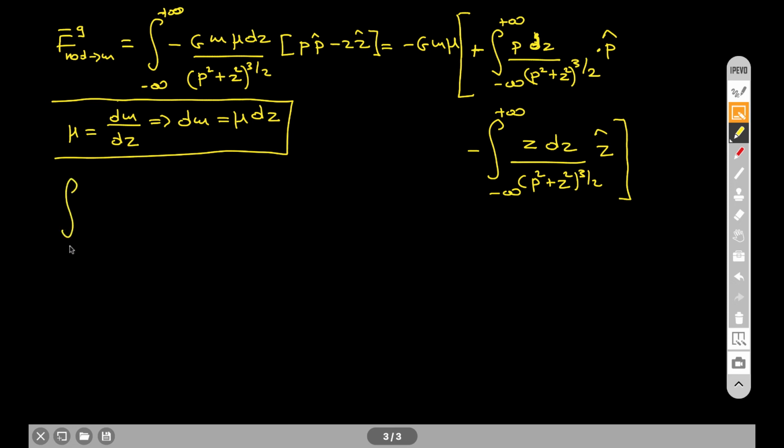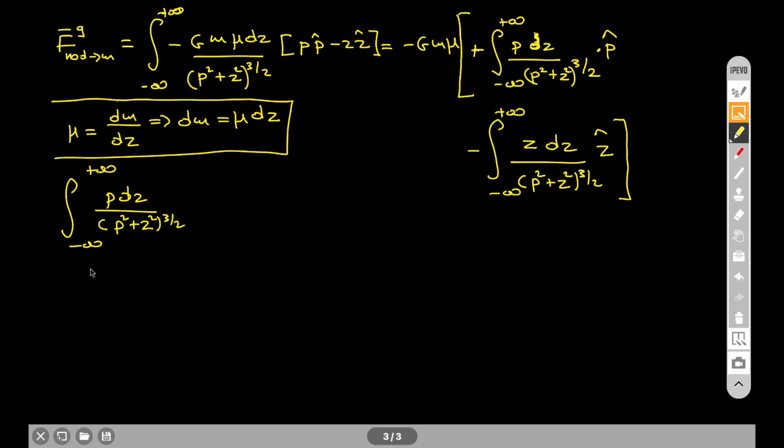So the two integrals that you will need to find is really rho, but rho is a constant, and I can still leave it here. Rho dz over rho squared plus z squared to the 3 over 2.